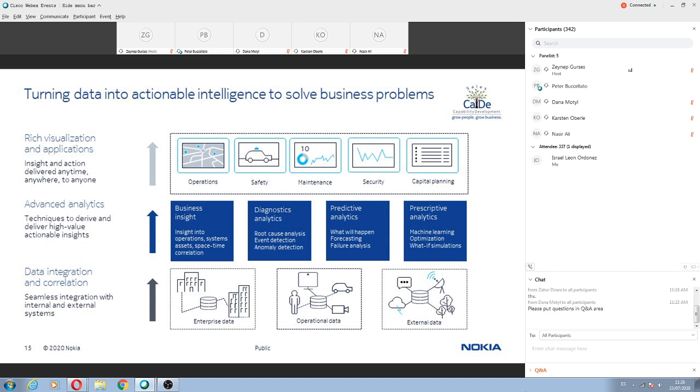And then external data associated with IoT sensors and video and those type of things that can be brought into the platforms. Scene analytics will play in this diagnostics analytics piece, because what we're looking at is event detection related to video and other events coming off of IoT sensors.